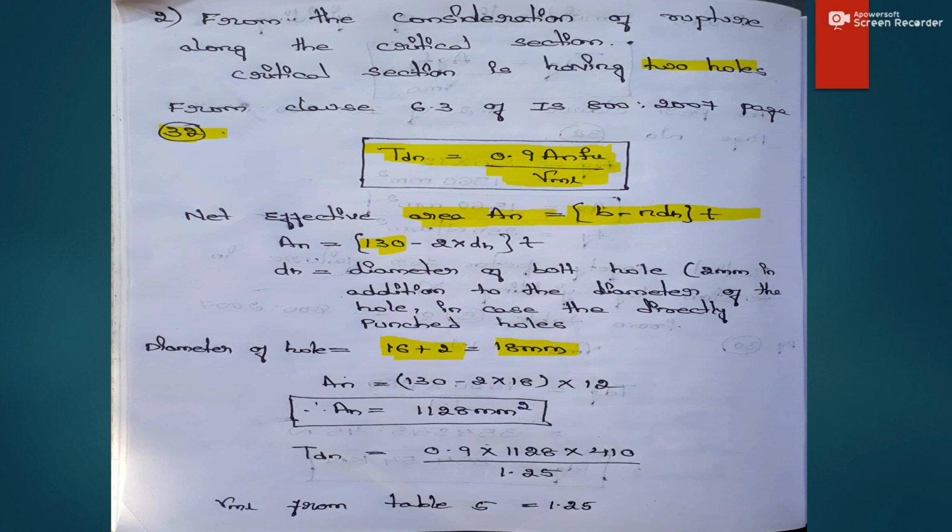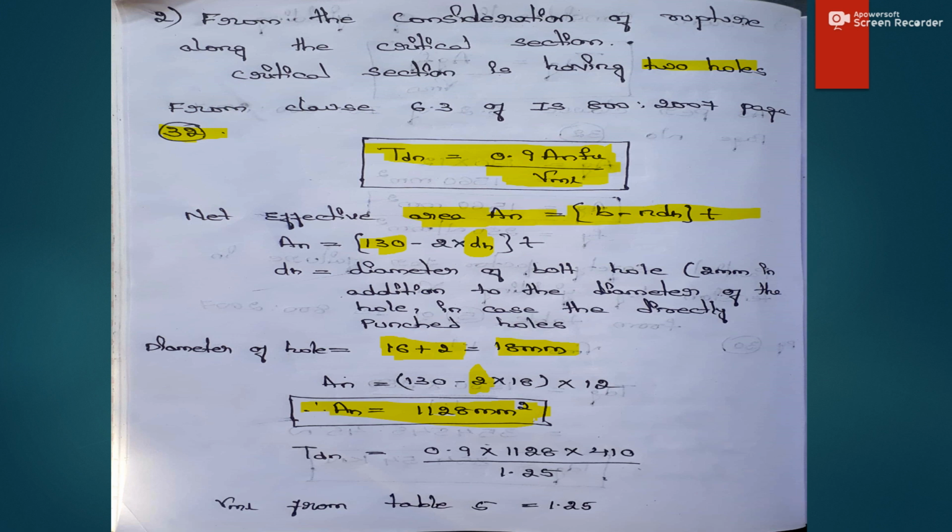Now calculate An: 130 minus 2 into 18, the diameter of the hole, into 12. As we have 2 holes, we have taken 2. 18 is the dh value. Now calculate: An is equal to 1128 mm square.